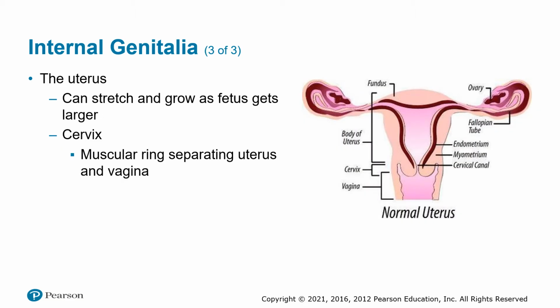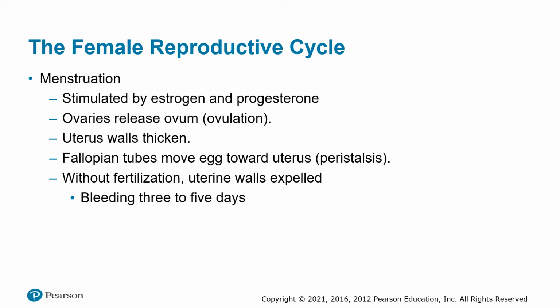The uterus can stretch and grow as the fetus gets larger. And then the cervix is a muscular ring that separates the uterus and the vagina. The cervix is where they check to see how dilated you are, and typically you're dilated to a 10 before birth occurs.